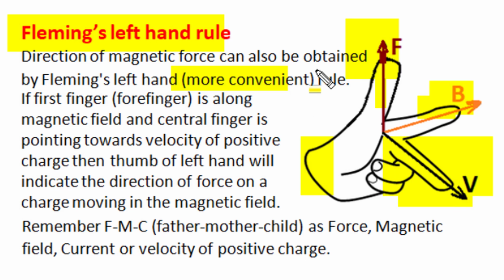In case of negative charge motion, we have to align this finger opposite to the direction of negative charge movement, and in that case the thumb will indicate the direction of force on the moving charge in this magnetic field.